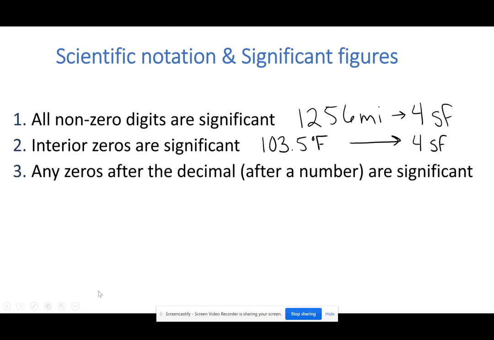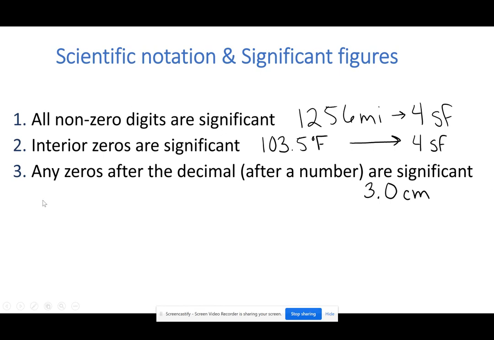Next, any zeros after the decimal, after a number, are significant. An example of that would be something like 3.0 centimeters.